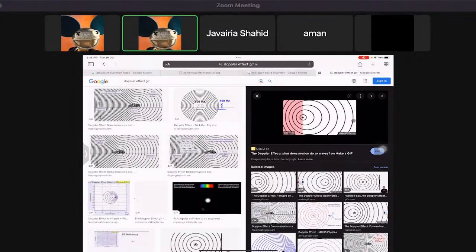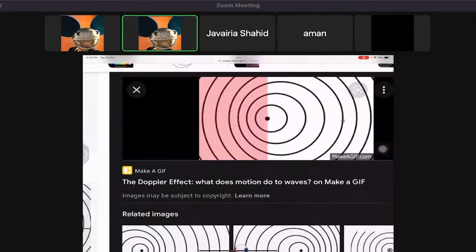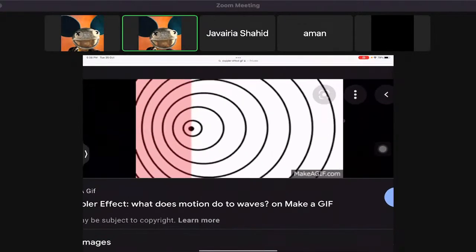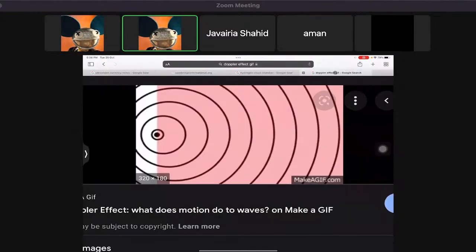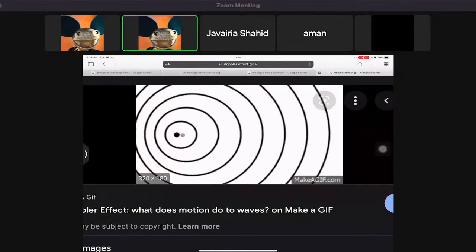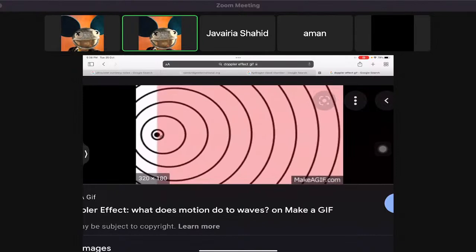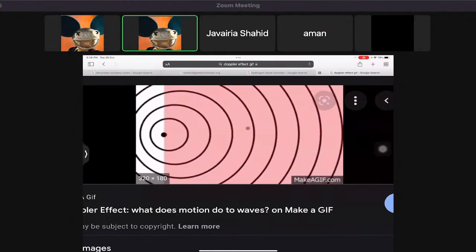Okay. If you look at this whole thing, you might see that as the dot is moving forward, the wavelength is decreasing, and on the other side, the wavelength is increasing. Do you see?